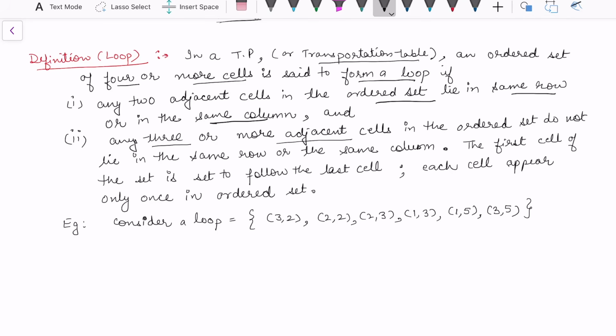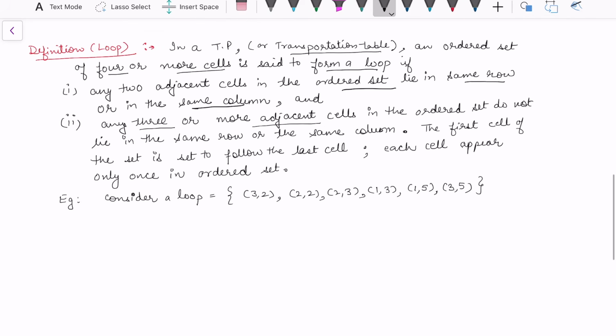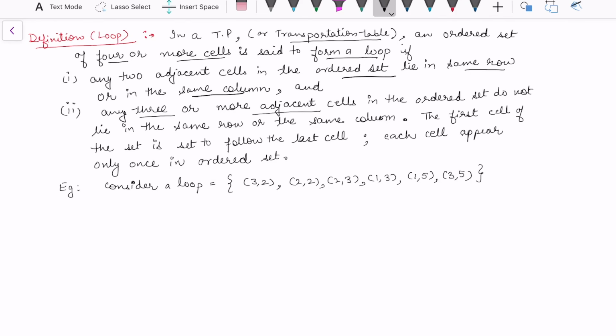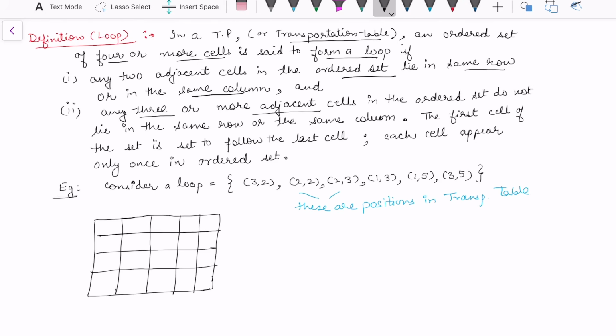Let me understand the situation from an example. Consider a loop. What I have written here are the positions of the cells in a transportation table. If I want to draw these in a transportation table, what will it look like? Here, 3, 2: which position is 3, 2?